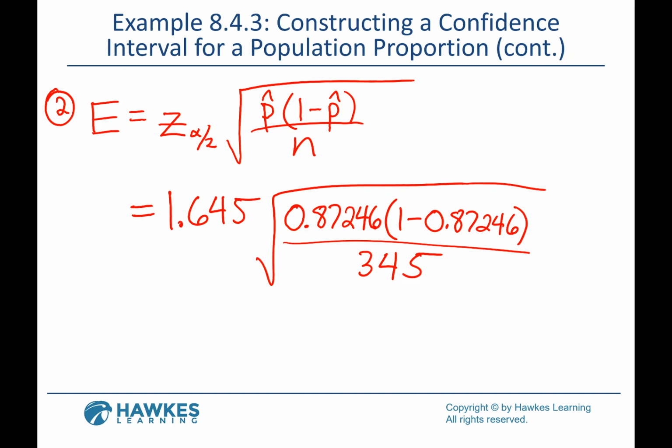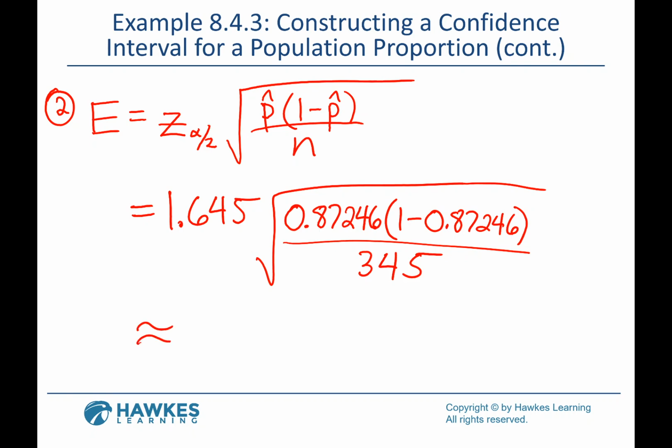What I do is the part under the square root first. So I'm going to do 0.87246 times 1 minus 0.87246, divided by 345 to get that number. It's like 0.00599 something. Then I take the square root of that answer and multiply by 1.645.